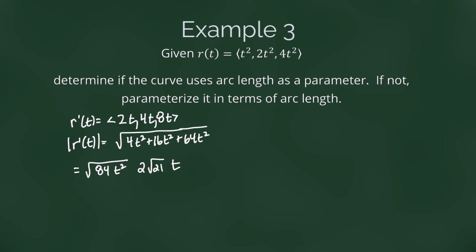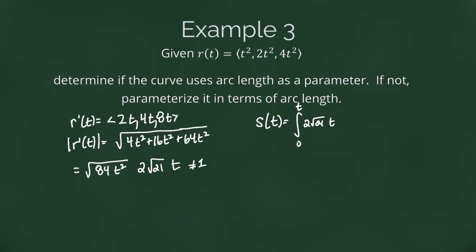All right, well, that is not 1. So this is clearly not parameterized in terms of its arc length. So now we're going to look at s of t, and we'll look at this function, the integral from 0 to t of the absolute value of r prime of t, which we already know is 2 root 21 t.